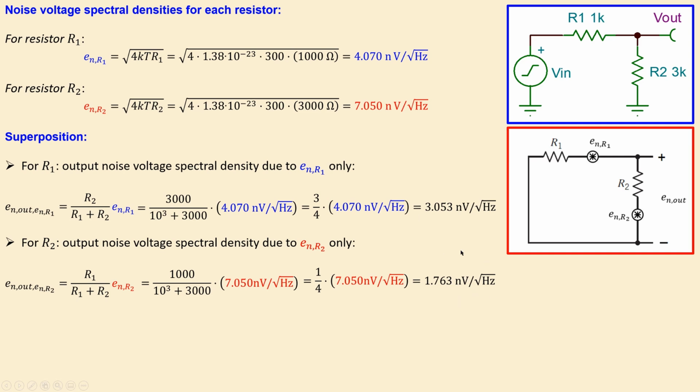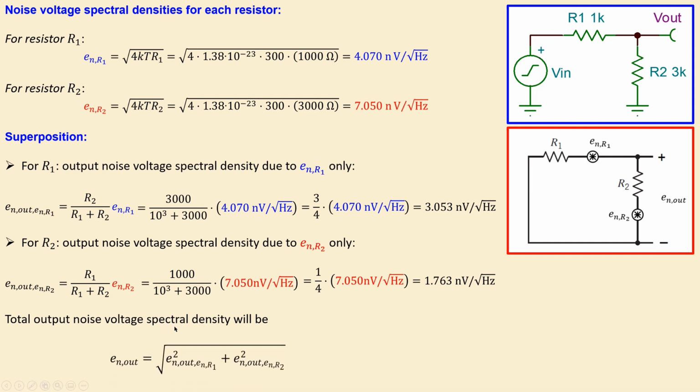So we have this and these values as the output contribution for our noise voltage spectral densities that will be combined using superposition. So the total output noise voltage spectral density will be then the square root of the square of these and the square of these one, and then sum them together.